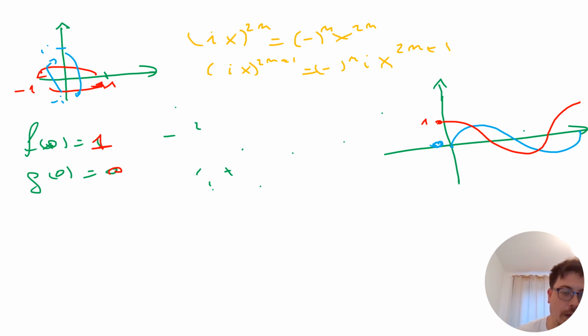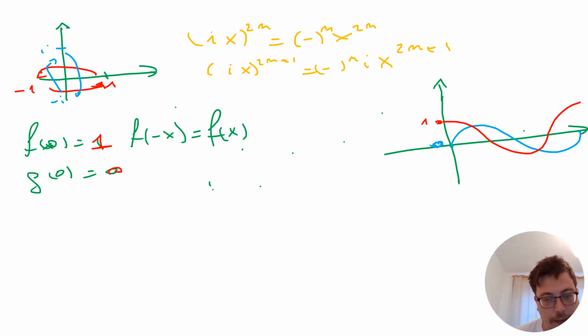We want to go a little bit further, so we want to show, for example, another property that these functions share, which is that f of x is equal to f of minus x. This is true because if you have 1 minus x squared plus, okay, I will stop at the third term, it doesn't matter, and we replace x with minus x, they get the same value because minus raised to an even power is cancelled, so we get the same function.